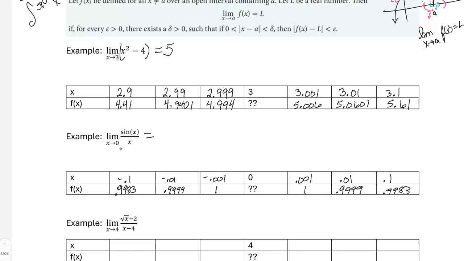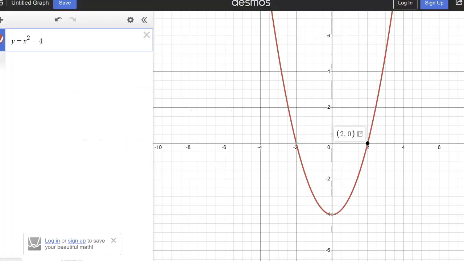So you can see as we come in from the left and from the right, this is approaching 1 also. But notice in this case, that function is not defined at 0. But what's going on is that we have a hole.